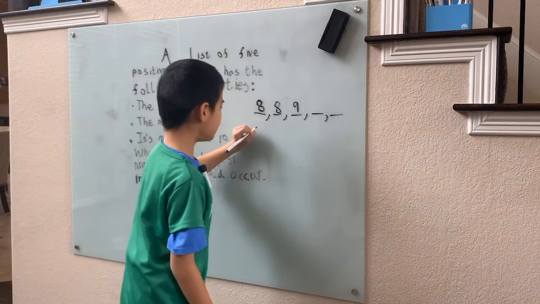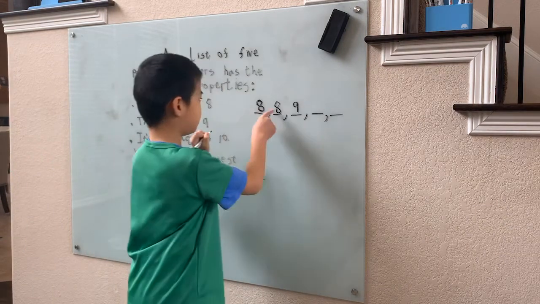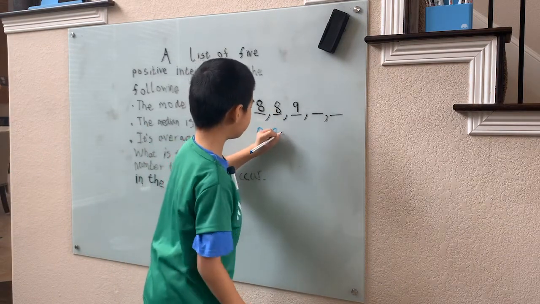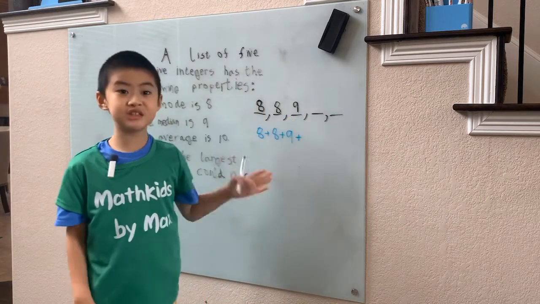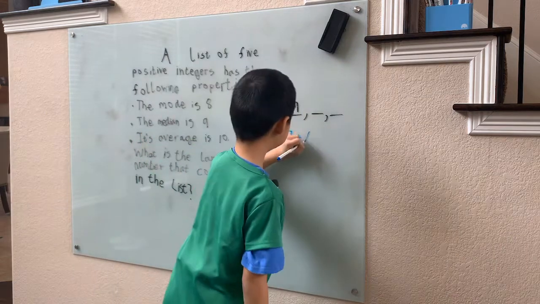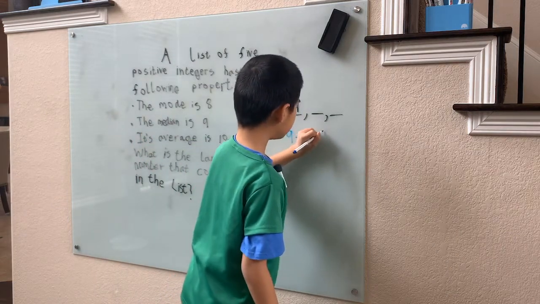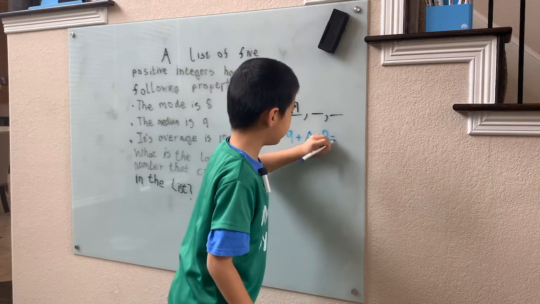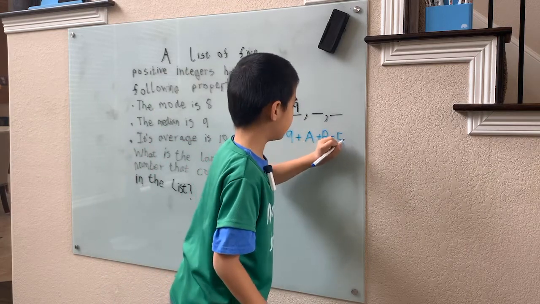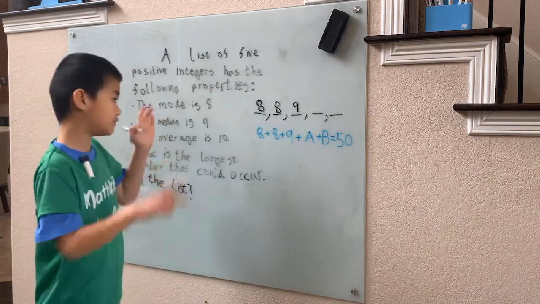So 8 plus 8 plus 9. And for our 2 missing spaces, I'm going to assign them variables, a plus b, and all that has to equal 50, 5 times 10. Now this should be pretty straightforward.